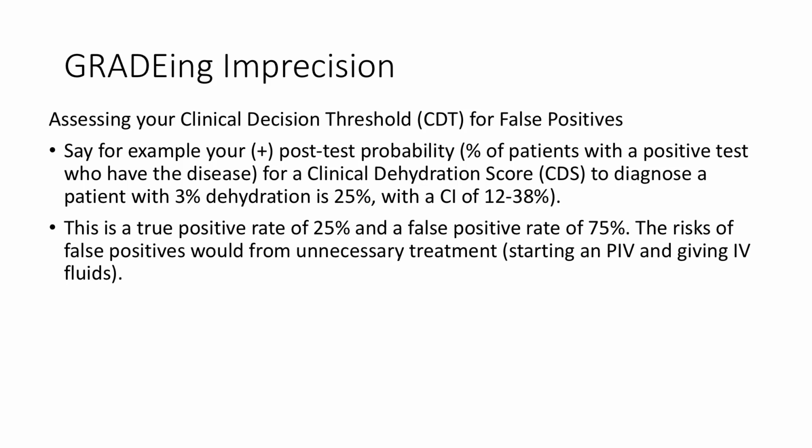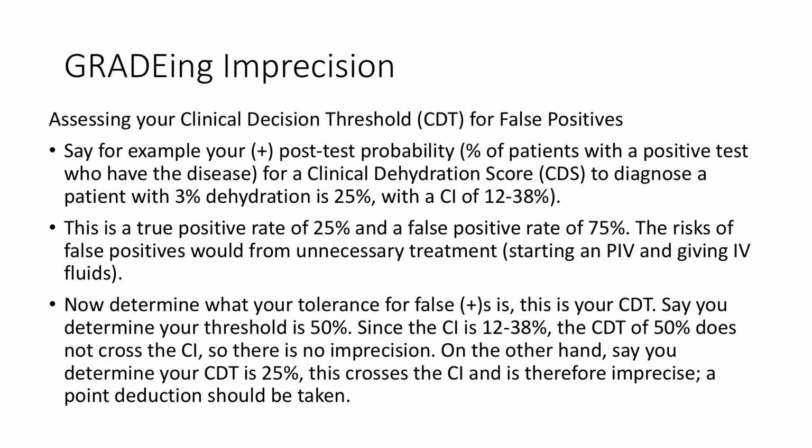Now is the time you determine the risks of false positive. In this case, the risk of a false positive may be that from unnecessary treatment. For example, starting a peripheral IV and giving IV fluids. Now, you need to determine what your tolerance is for false positives. And this is your clinical decision threshold. So say you determine your threshold is 50%.